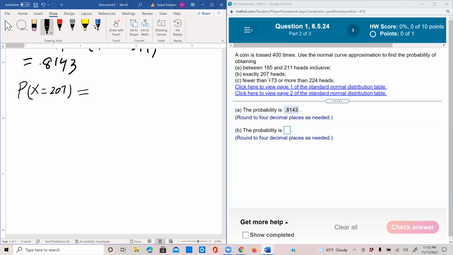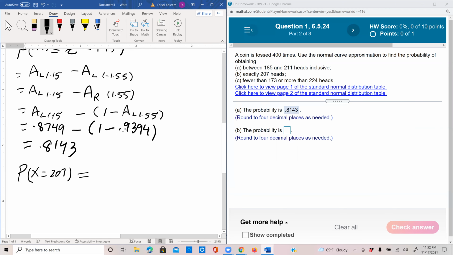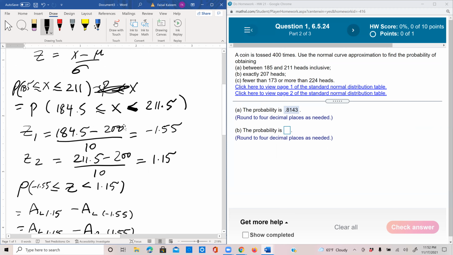It's the same when you convert it to normal with continuity corrections. We should have written that over here also, when we said this is equal to this, that's when we change it to normal with continuity correction.